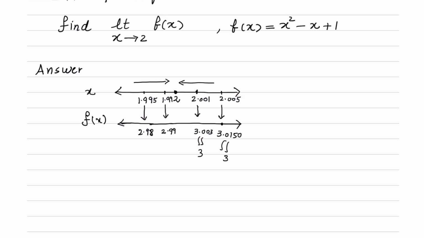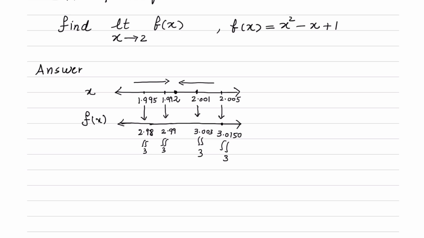Now again look that when we picked values closer to 2 but from the left hand side of 2, the values of the function were 2.98 and 2.99, which are again approximately closer to 3. So what we can say is that when x is approaching 2 from the left hand side of 2, the function is approaching 3.